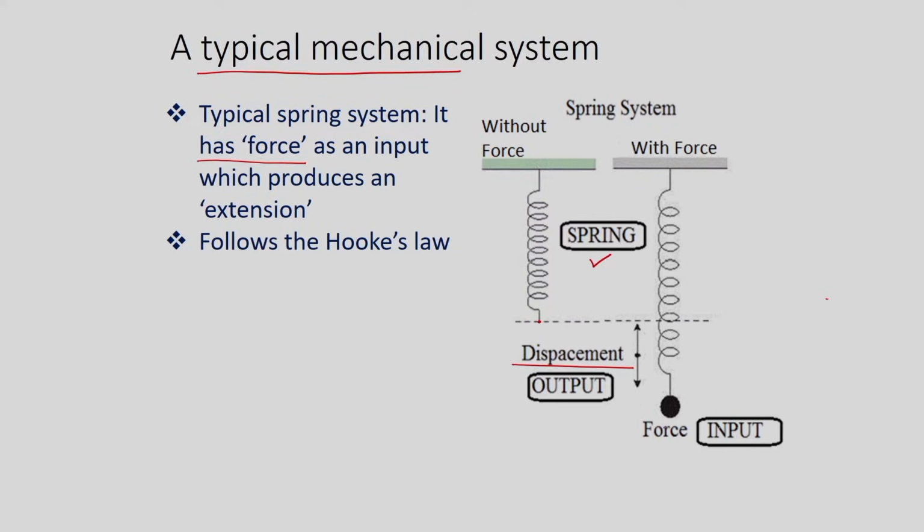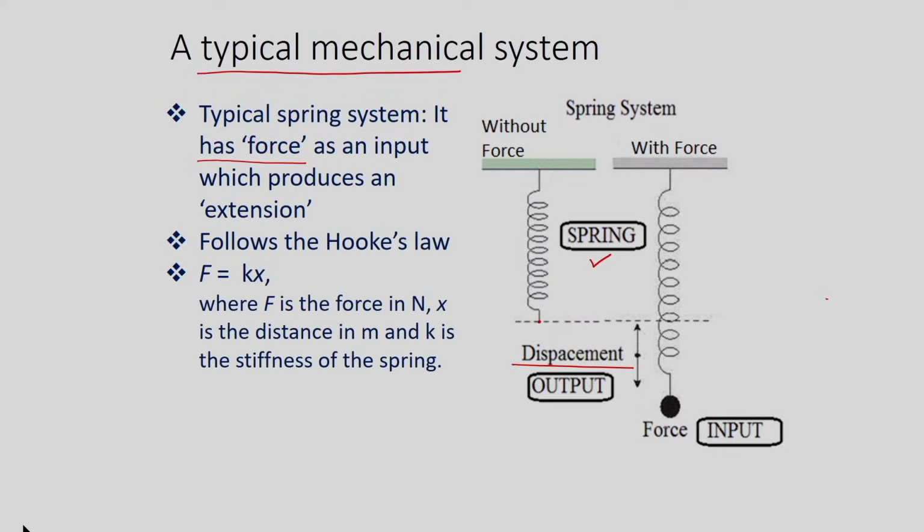It restores the spring to its equilibrium length. So if we write Hooke's law, it is simply F = kx, where F is the force in Newtons, x is the distance in meters, and k is the constant of proportionality, called the stiffness of the spring.